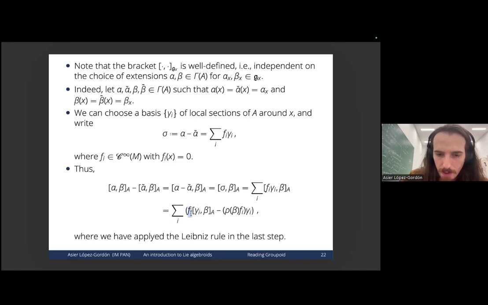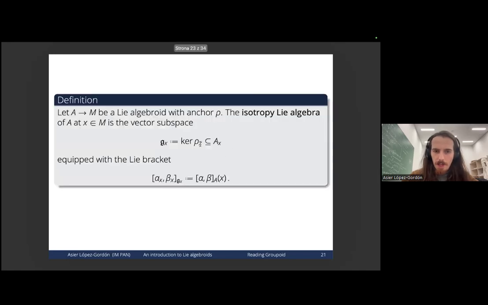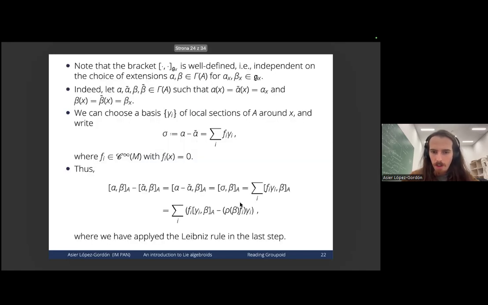But on the one hand, if we now evaluate this expression at the point x, f_i is a function that vanishes at x, so this will kill this component at the point x. Similarly, beta x by assumption is an element of the isotropy Lie algebra, but the isotropy Lie algebra is the kernel of the anchor, so this also vanishes at x.